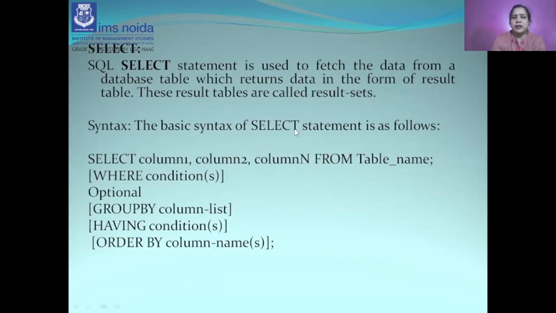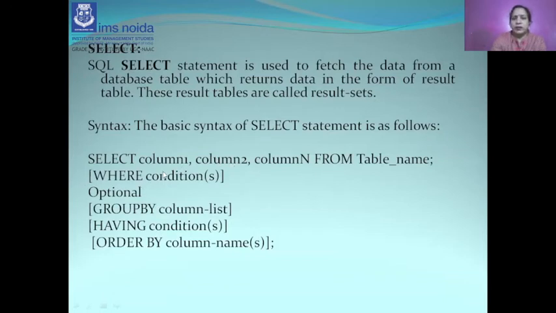So the basic syntax of the select statement is select. If we want to display specified columns, we have to mention column 1, column 2, column n. Instead of writing all the columns, we can write select asterisk from table name. If we want to include all the attributes of that table, we use the asterisk; if not, we mention the specified columns.